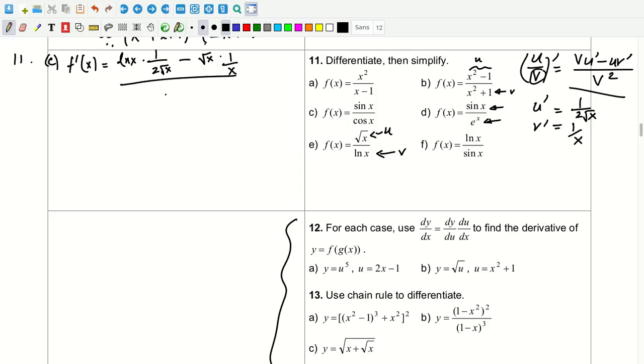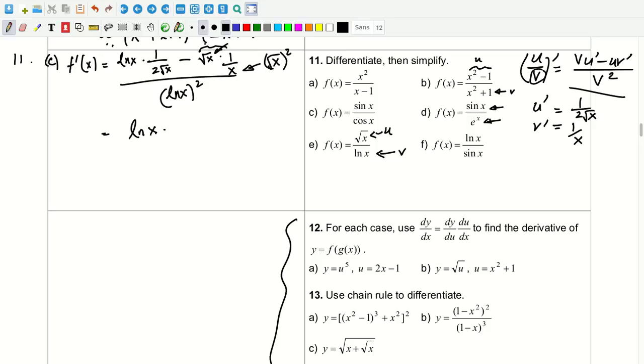Now that actually helps out a lot, and you're going to see why. We've got ln x here times, notice at the very top in the second term, x on the bottom can be rewritten as the root of x squared. Why that's important is because I can cancel a factor of root x.